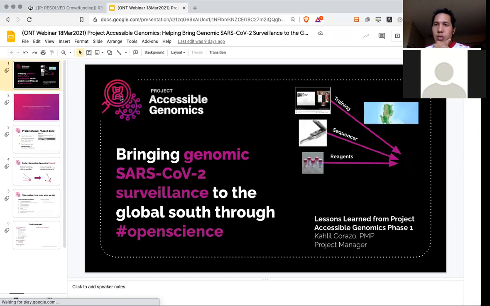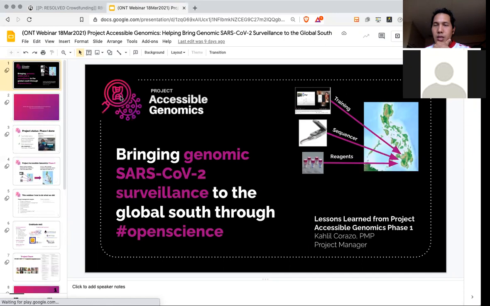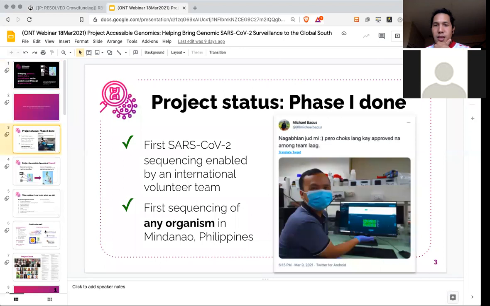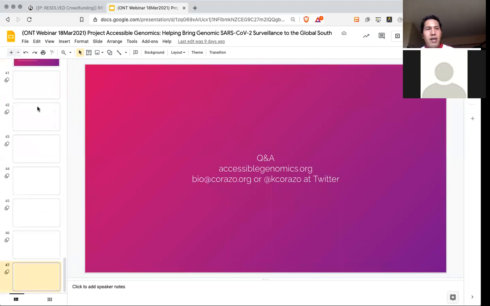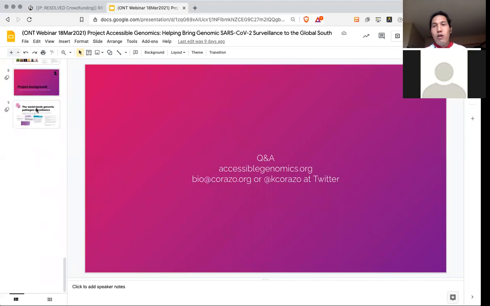We were able to sequence just last March 9, for the first time, the first time that SARS-CoV-2 was sequenced by a volunteer team.